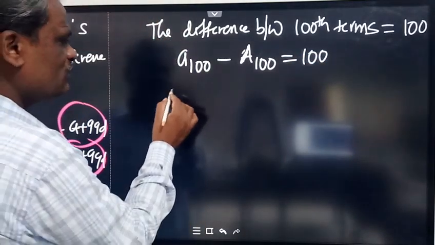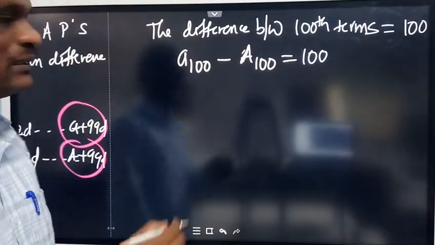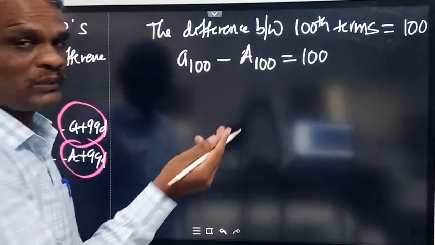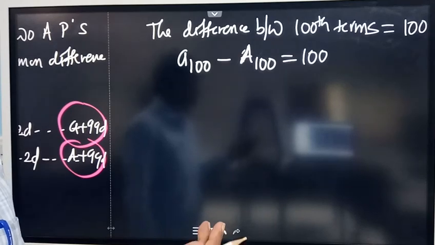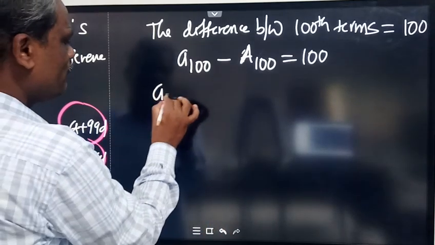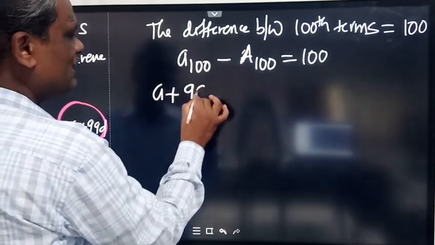Now substitute the nth term formula, a plus n minus 1 into d. So a100 will be a plus 99d.